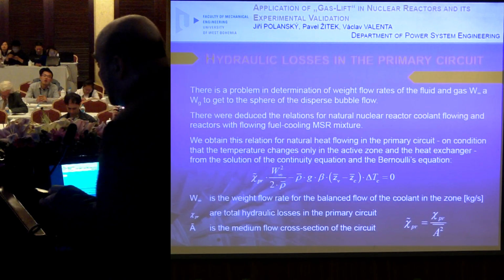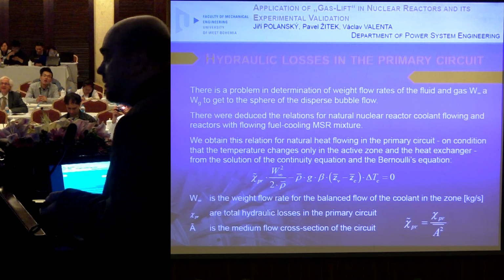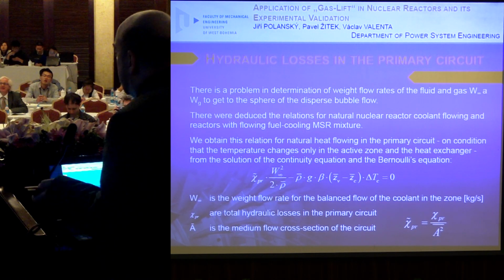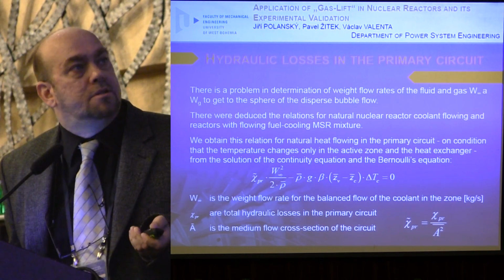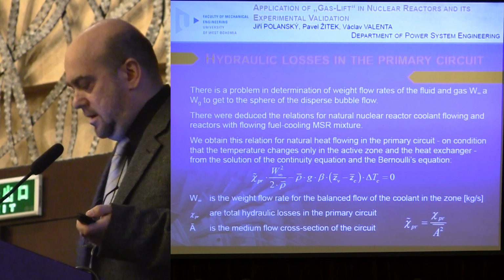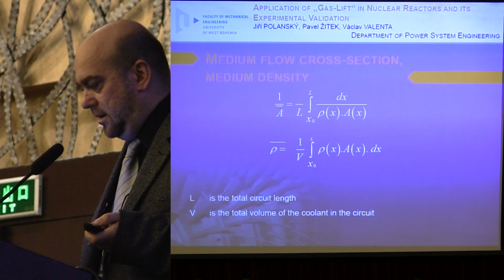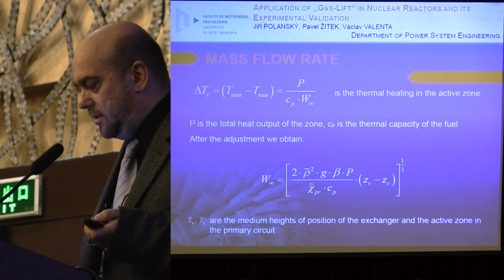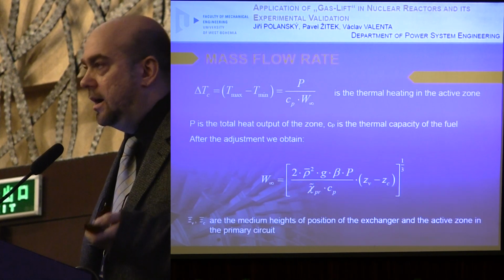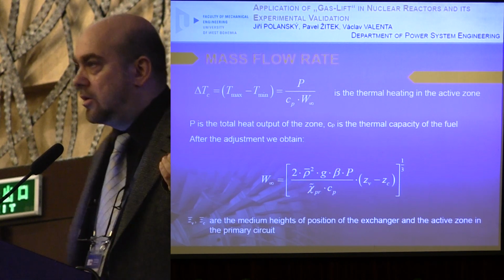It's probably too much technical detail for this conference. I will jump. I just want to present that we are able, for a very simple model, to analytically predict the hydraulic losses. We are able to calculate the mass flow, cross-section, medium density. What we need, we are able to predict the mass flow rate for natural convection.